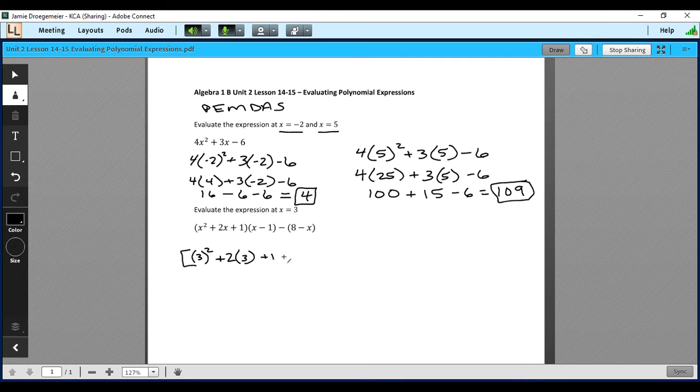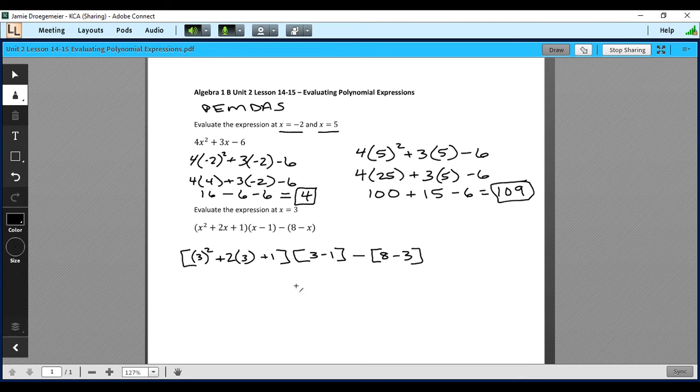And then plus 1. And then I have plug in 3 for this x. So that's 3 minus 1. And then my last one here, 8 minus x, which is 3.